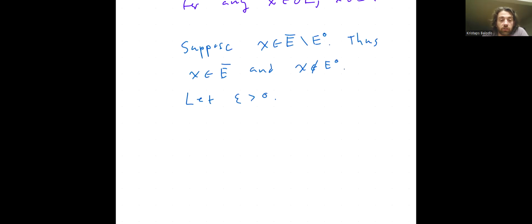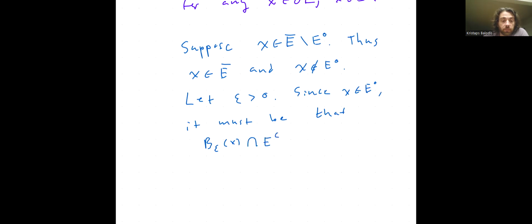So since X is not in the interior of E, it must be that the epsilon ball around X intersect the complement of E is non-empty, right?